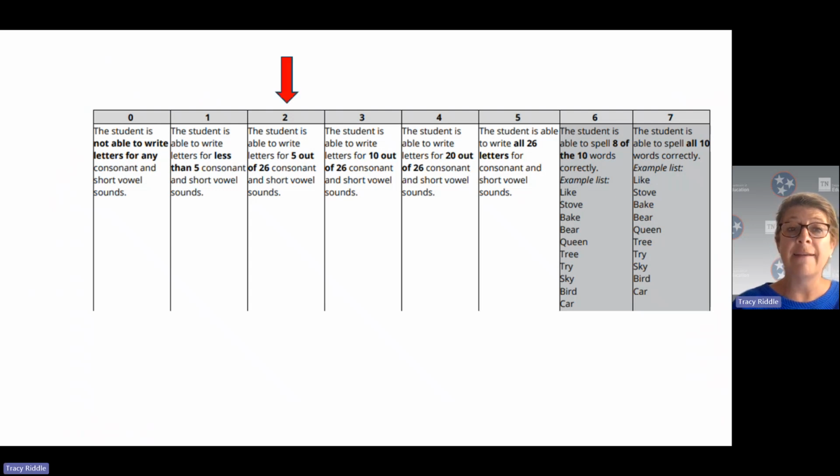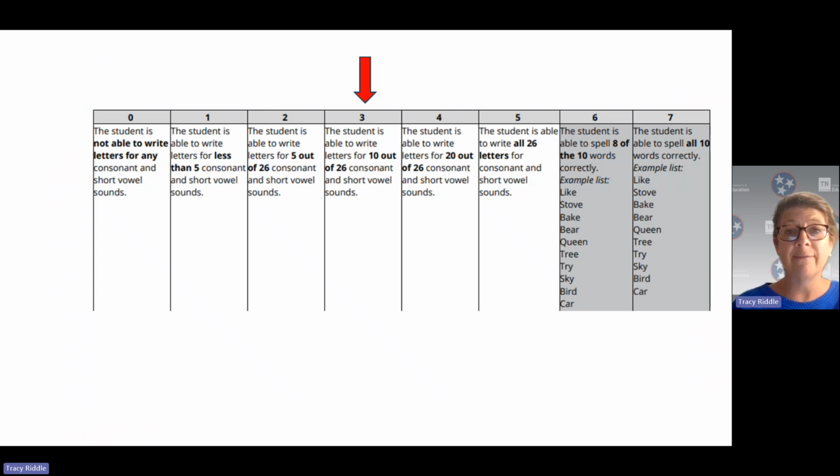If the student can write 5 out of the 26 letters correctly, then that's a score of a level 2. You will note at level 3, they get 10 out of the 26 correct. So if a student got 7 correct, that would be a score of a level 2.